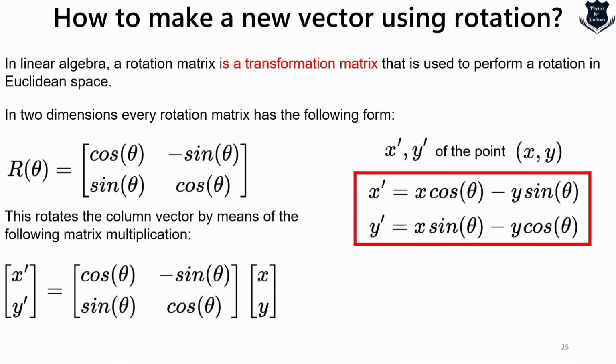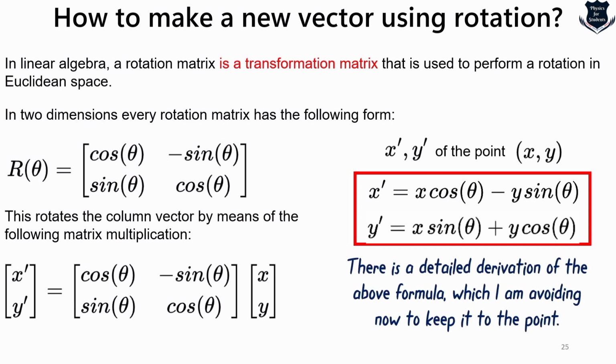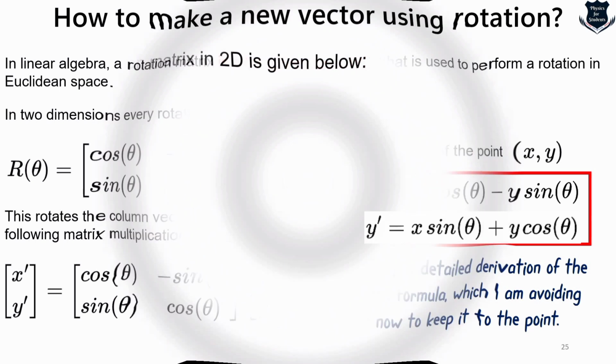x prime is equal to x cos theta minus y sin theta, and the rotated y prime will be x sin theta plus y cos theta. Now this is actually a very detailed derivation of the above formula, which I am avoiding just to keep it to the point.